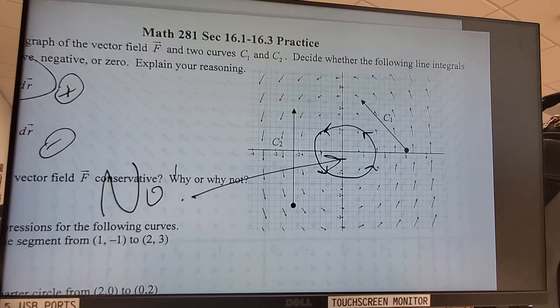Somebody with me? So sometimes you could tell just by looking at it that it's not conservative. But you can't tell just by looking at it if it truly is conservative. Because then you have to check every little spot. It's like, holy no. Okay. So we're going to develop a way to determine if it's conservative.